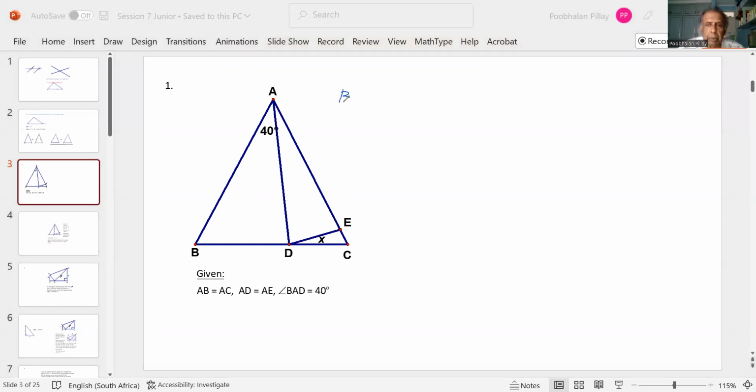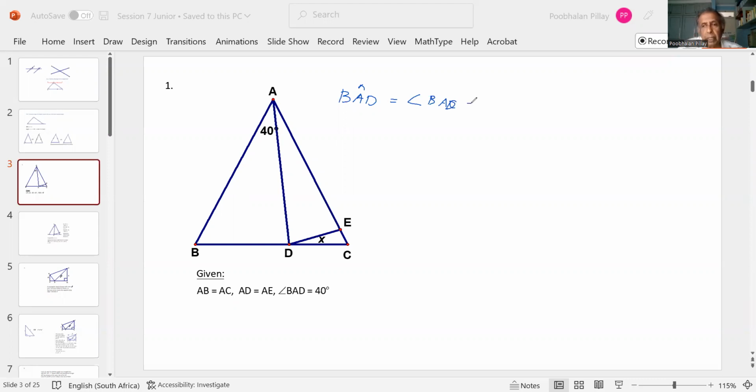That way you name your angle BAC. Start from here, go up to A, and come up to D. Or in this case you have BAD. It is given that angle BAD, you can write it like that, or there's another way of writing it, which I use often.